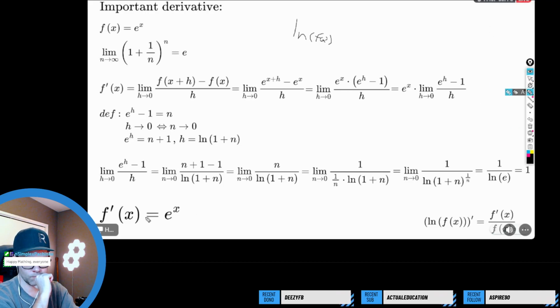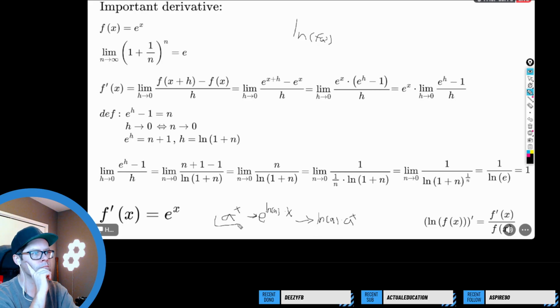Also, if, for example, we have just a random a to the x, if we make it into e to the ln of a times x, we can take its derivative and get ln of a times e to the ln of a times x, which is just ln of a times a to the x.